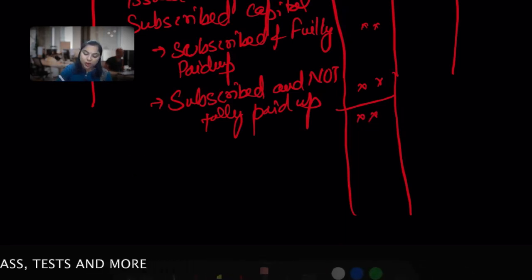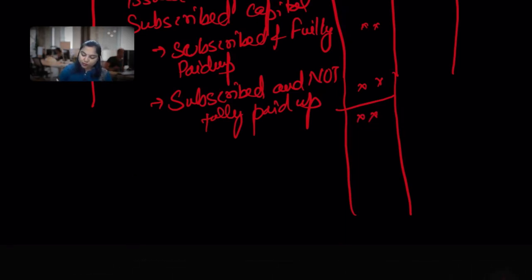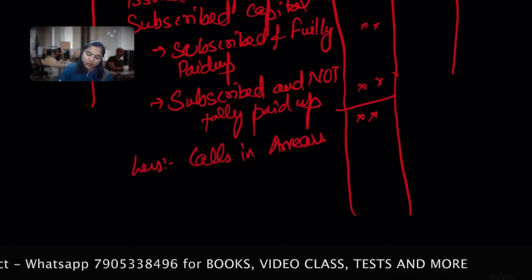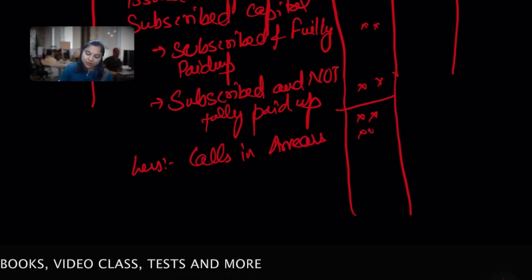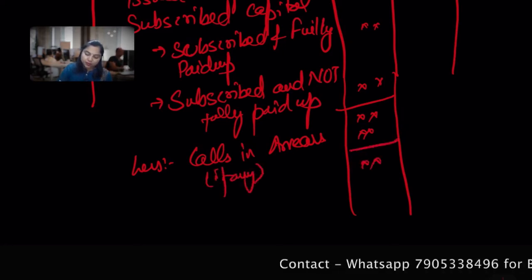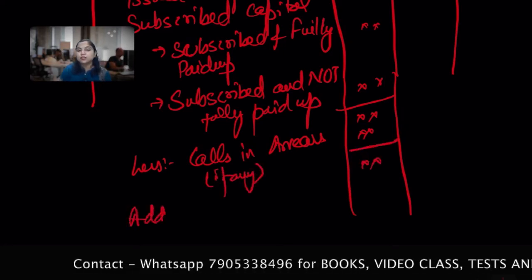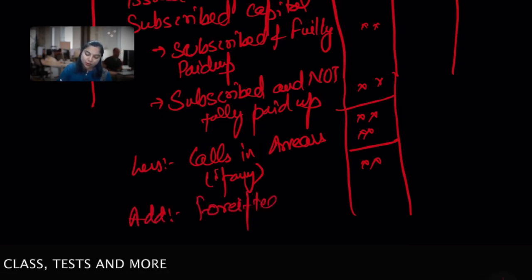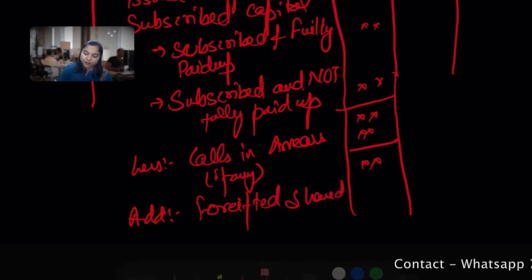In that case, what you have to do is reduce the calls in arrear from the subscribed capital. I'll discuss arrear in very much detail in the near future, if you do not recall what it is. If any, you will reduce the calls in arrear, and then we get the balance, and then we add the amount, if any, that the company forfeited on shares.